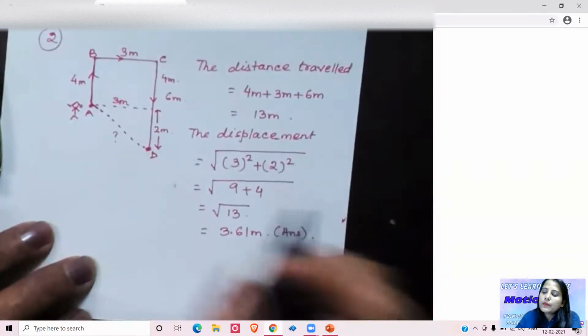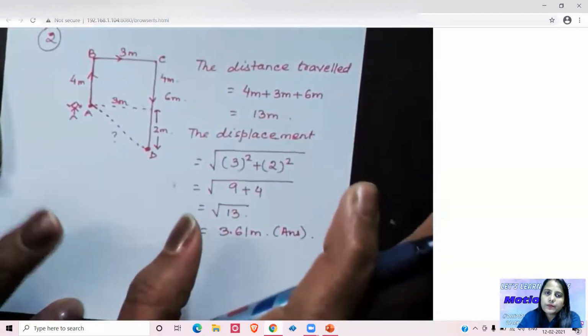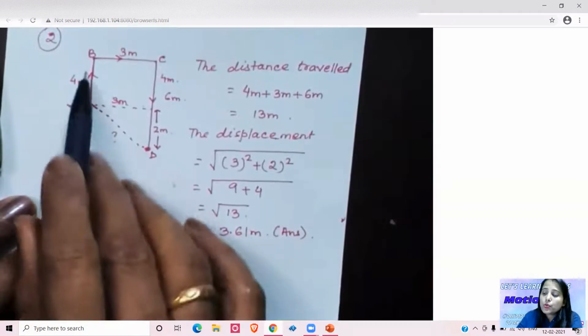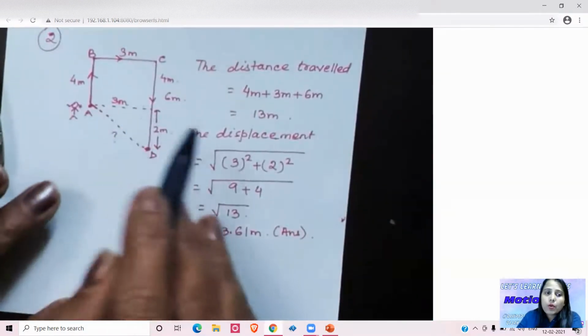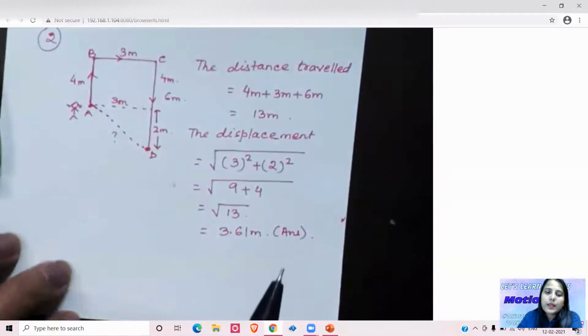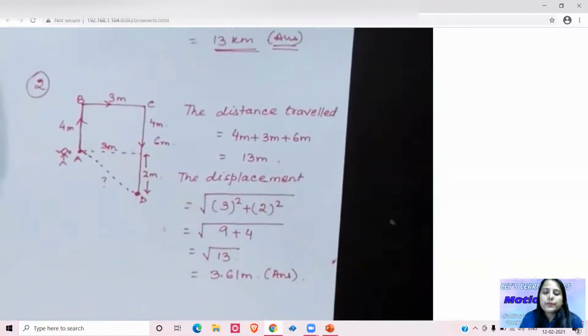Here a bit of mental calculation is required, but it's very, very important to show your diagram. Otherwise, you cannot solve your sum correctly. Clear? Now let's move on to our next question.